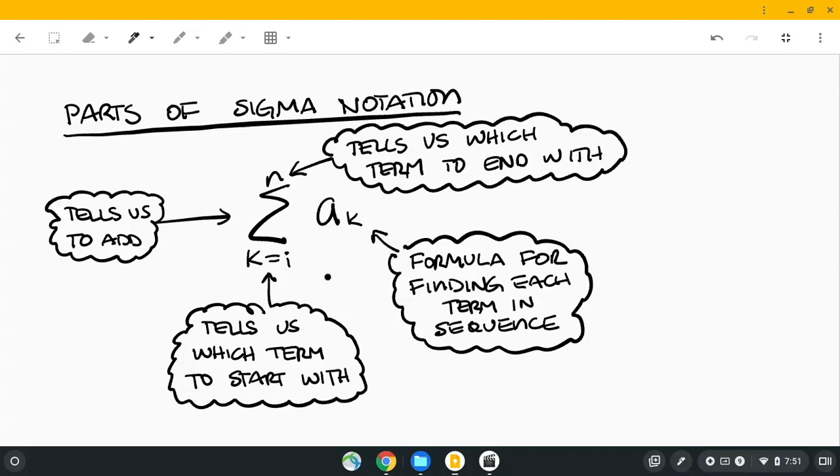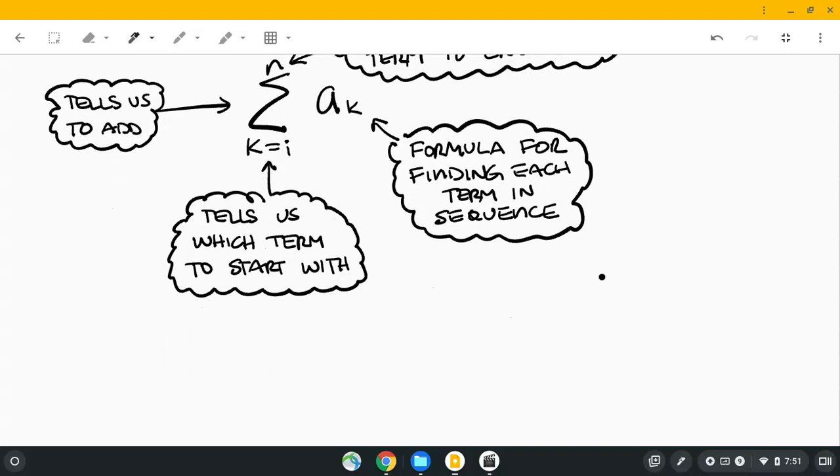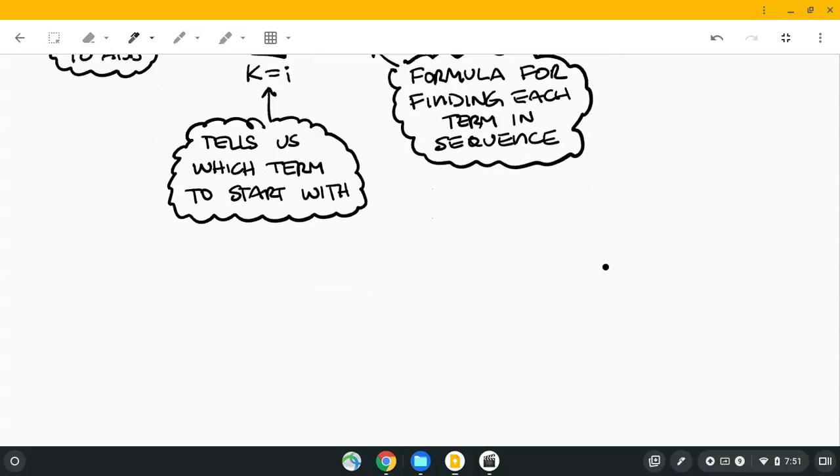So if this one says 5 down here, and this one says 9, then that means we're taking the sum of the 5th term, 6th term, 7th term, 8th term, all the way up to the 9th term. So that's what these two numbers mean. This is like our lower limit, and this is our upper limit. Which term do we start with, and when do we stop adding? Okay. All right, so let's take a look at this next example.